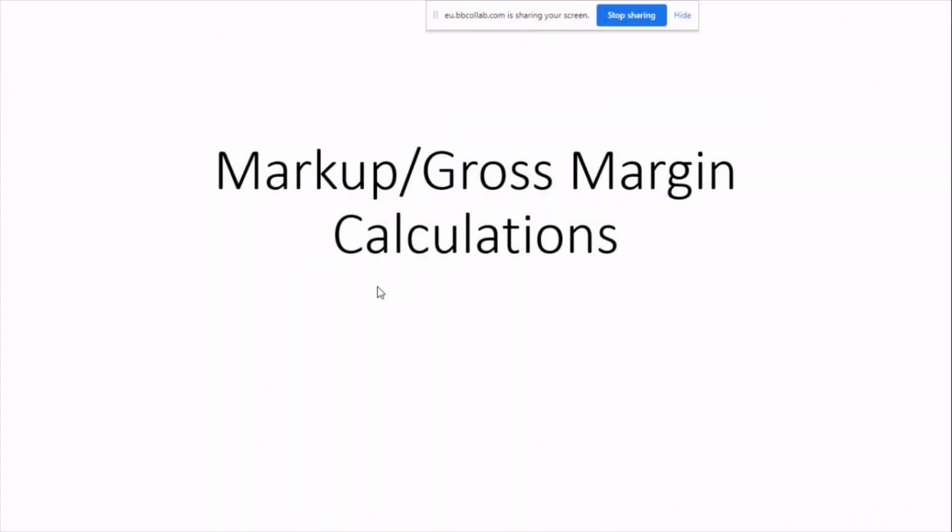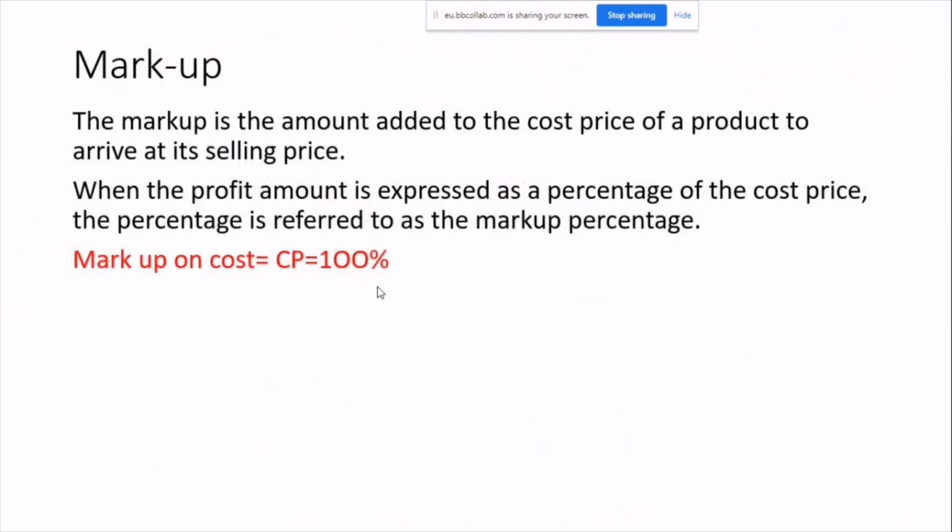All right, guys, in this session, we'll be doing quick calculations relating to markup or gross margin. Now, when we talk about the markup in simple terms, markup is the amount added to a cost price of a product to arrive at its selling price.